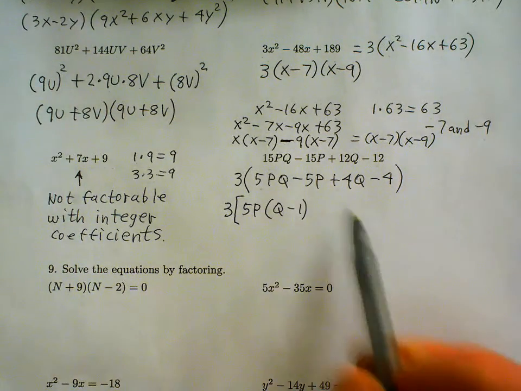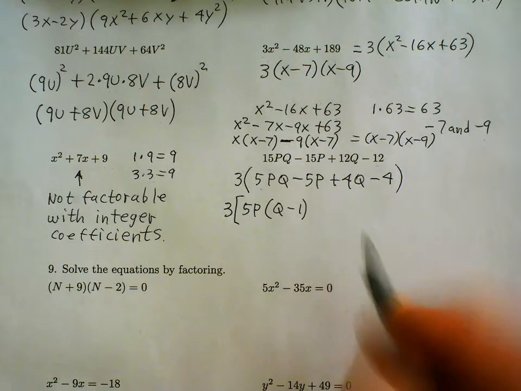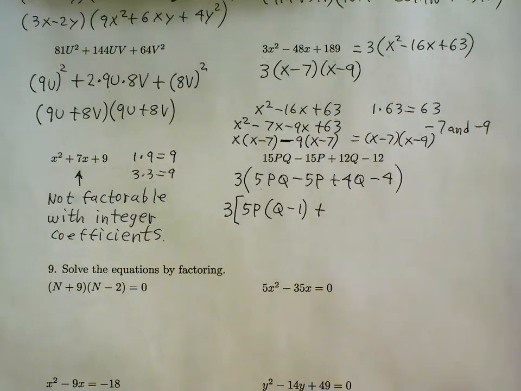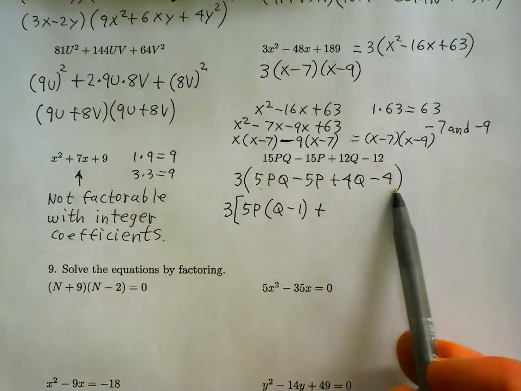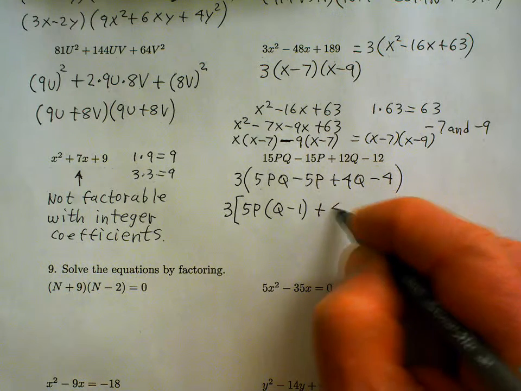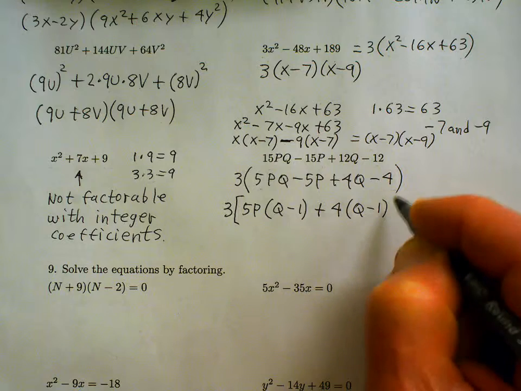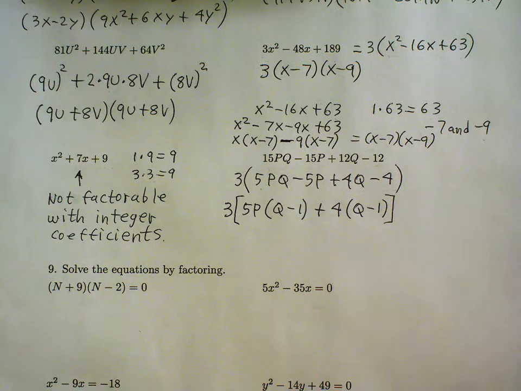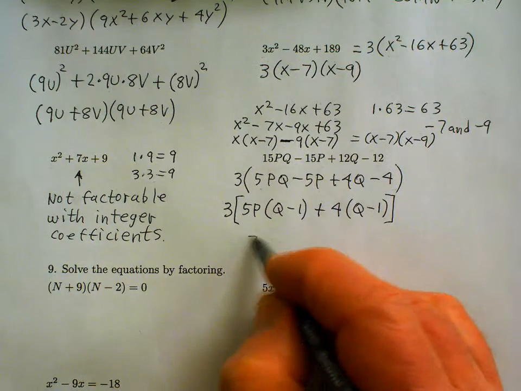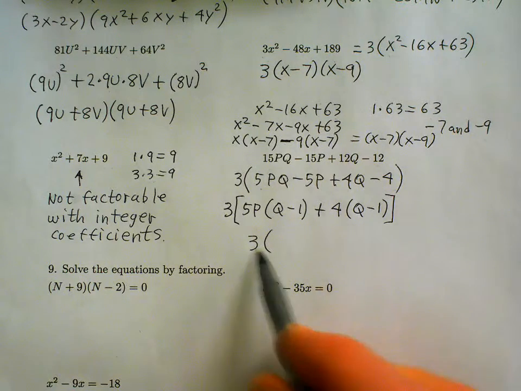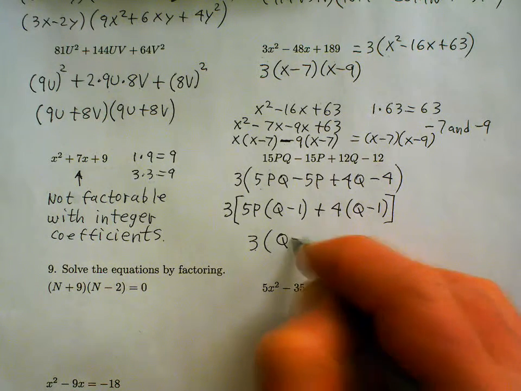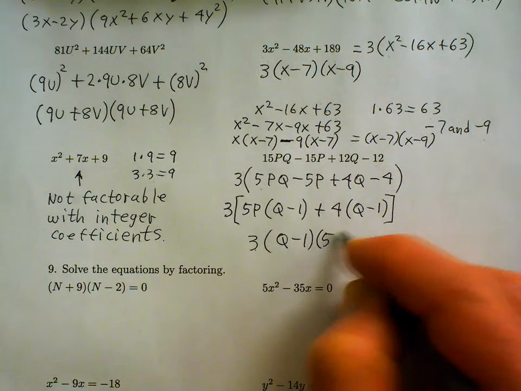Bring down the middle operator of addition. And then out of the third and fourth terms, factor out the greatest common factor, 4. And we're left with q minus 1. And then the complete factorization is 3 times q minus 1 times 5p plus 4.